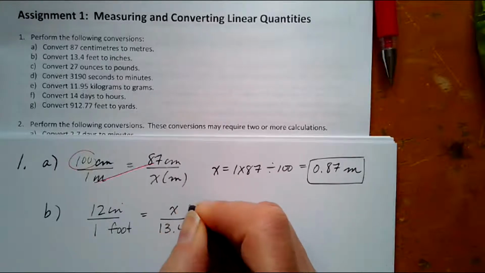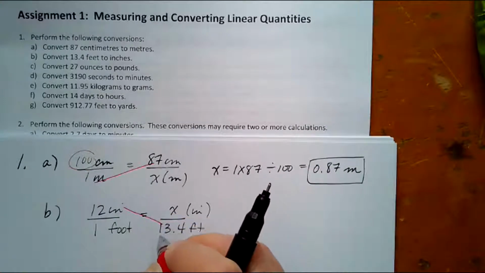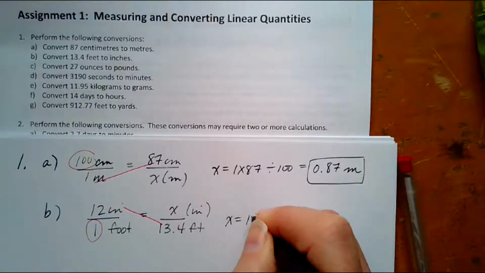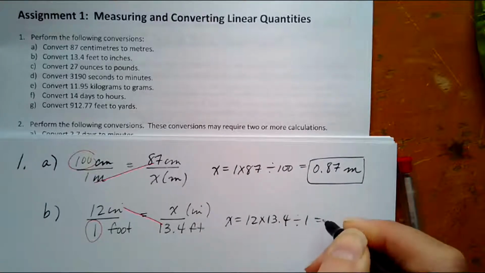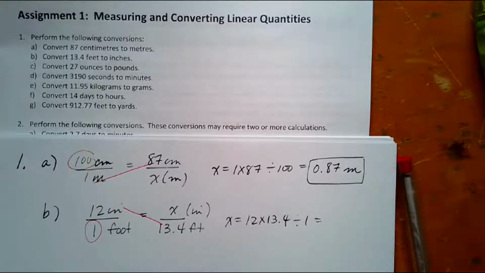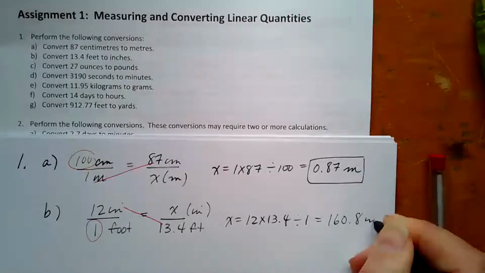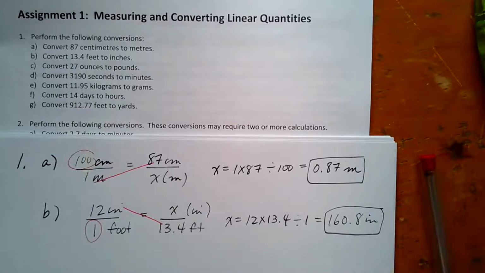And I want X inches. So once again, these are the numbers I'm going to multiply, the numbers that meet on the diagonal, divide by the leftover. Okay, so it's nice that you can just use any calculator you want. So I have 160.8 inches. That's my inches.